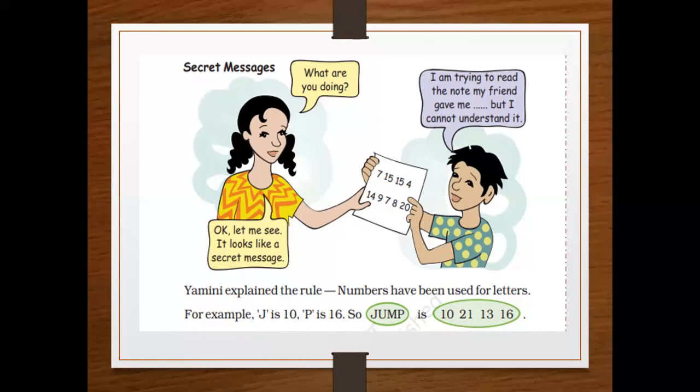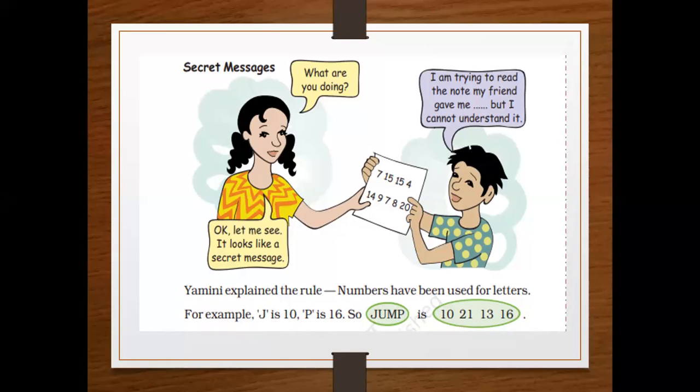See, there one example is given. Don't write. Jump. To say jump, the secret code of jump is: what is the number related to J? 10, 21, 30. Then U is related with 21.